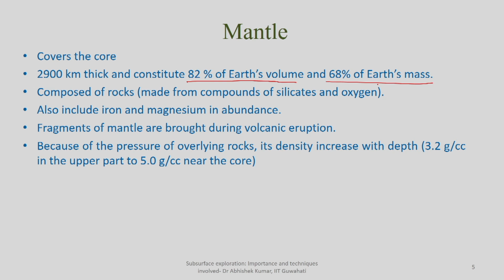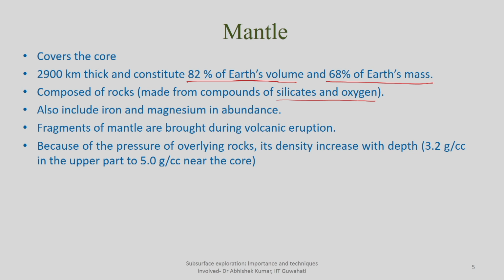The mantle consists of 68% of earth mass and 82% of earth volume, because this is the thickest layer among the three. It is composed of rocks made from compounds of silicates and oxygen, and also includes layers consisting of iron and magnesium in abundance.